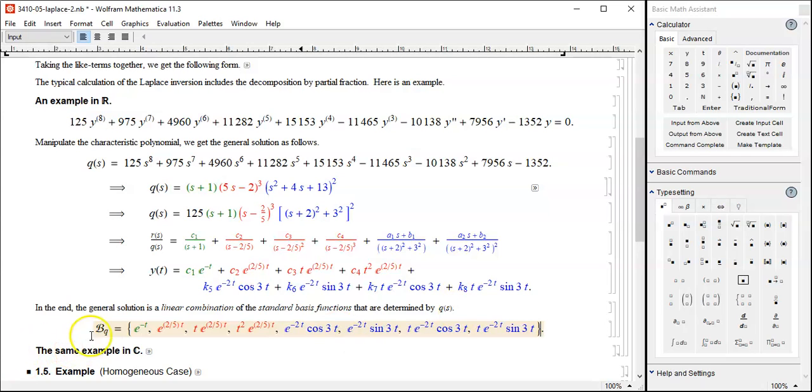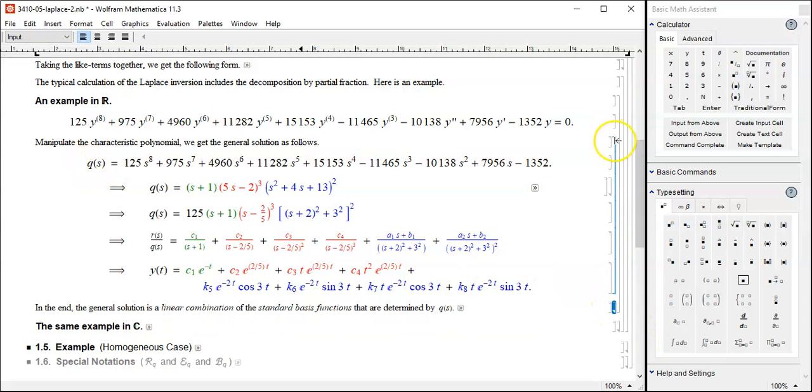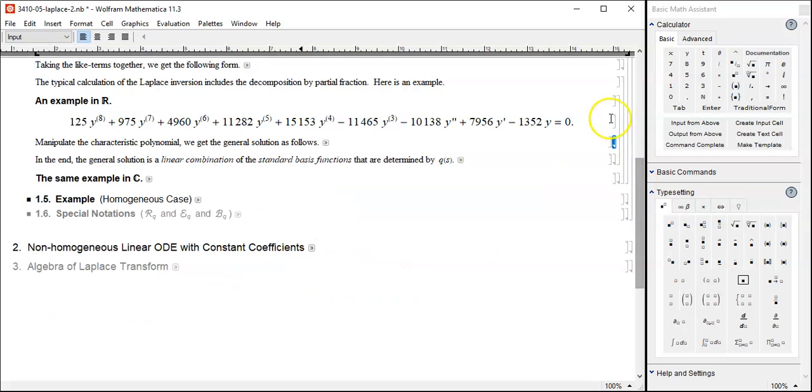Our textbook author uses this script BQ to represent the standard basis function. Obviously B for basis and Q for this characteristic. And as for actually getting this decomposition by partial fraction, don't worry too much about it, you're going to be using a computer anyway.